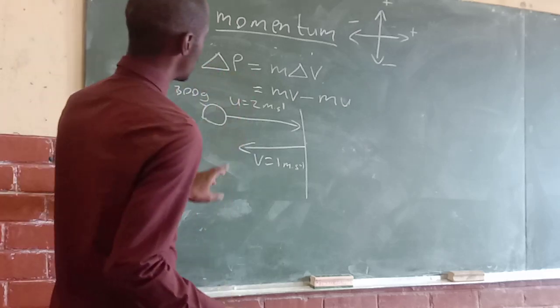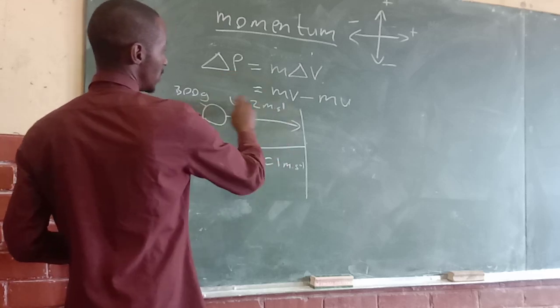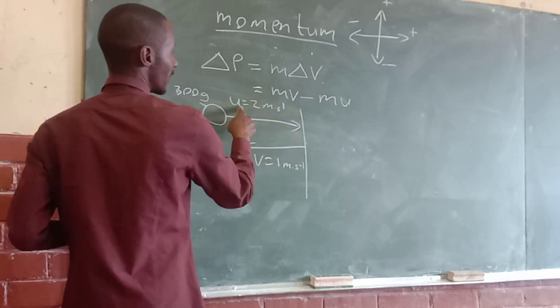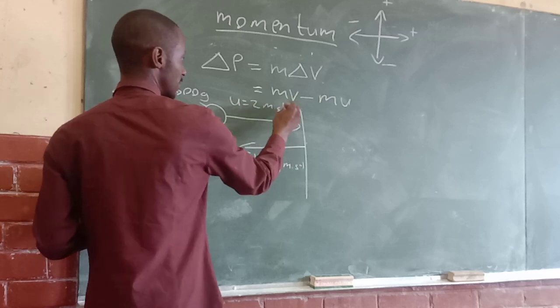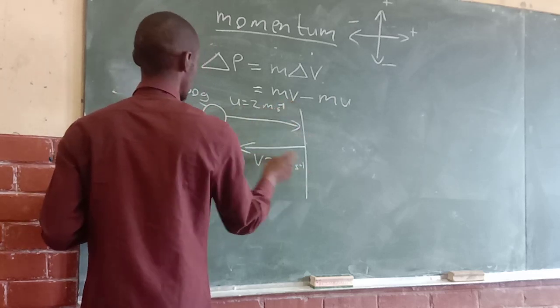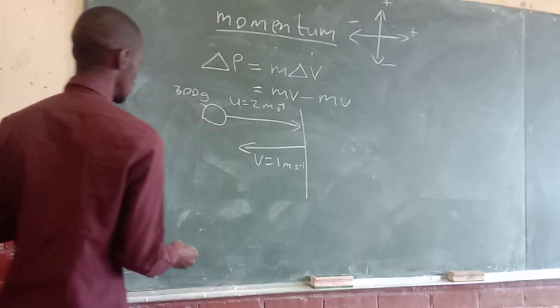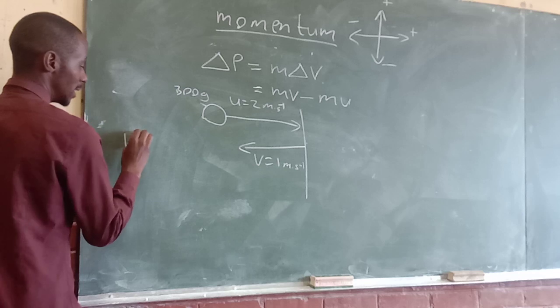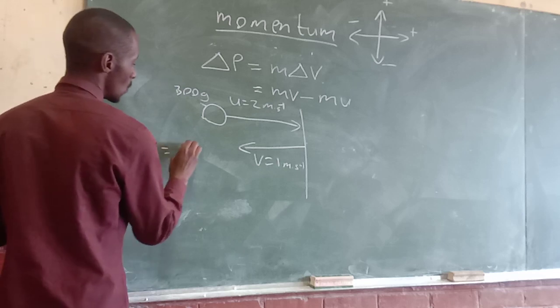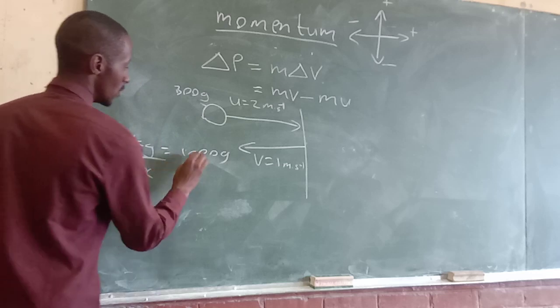Okay, first things first, before you go to the equation, make sure all your values are in standard units. So I see my initial velocity is in my standard units of 2 meters per second. My final velocity is also meters per second, but my mass is in grams. I have to convert this grams into kilograms. So we first know that 1 kilogram is equal to 1,000 grams. So I'm looking for kilograms.